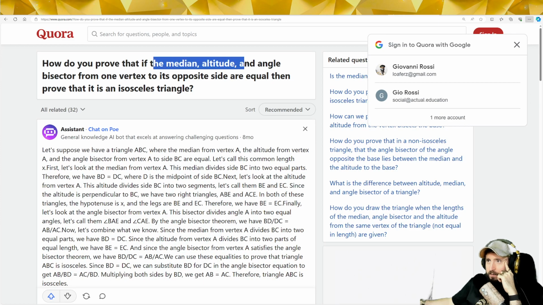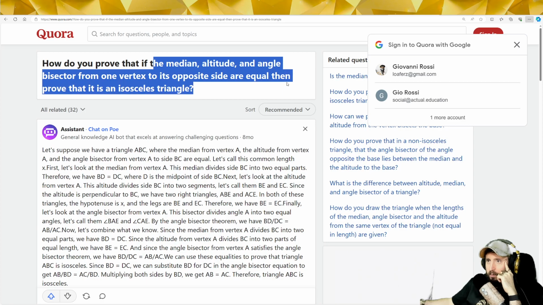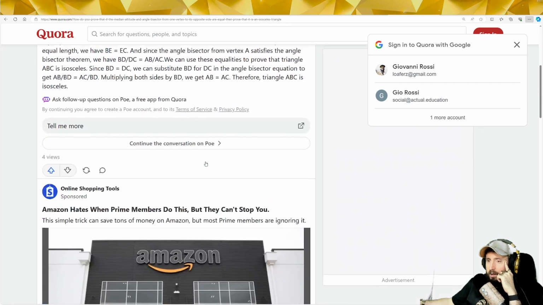How do you prove that if the median, altitude, and angle bisector from one vertex are equal, then it is an isosceles triangle?